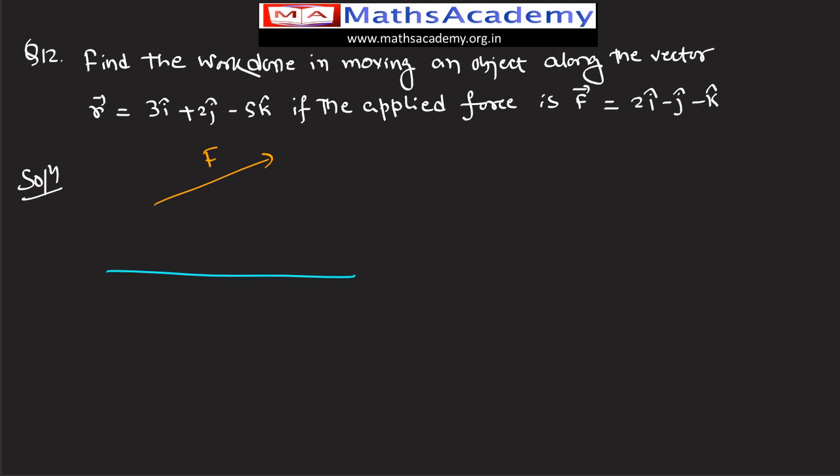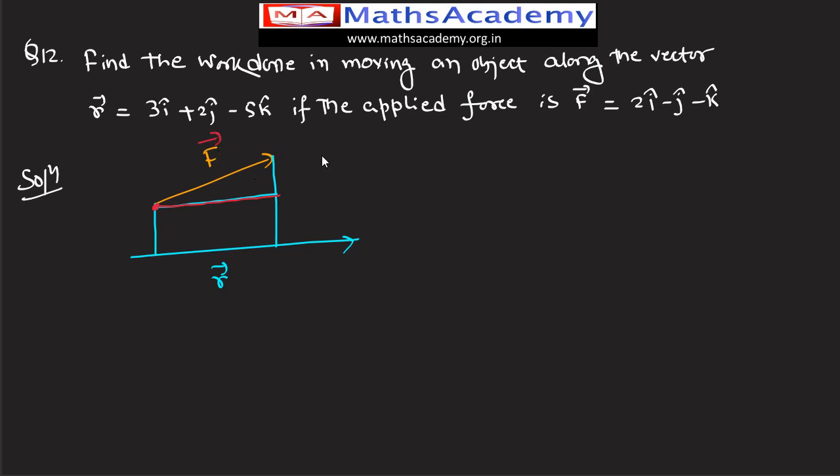Now if you are going to calculate the work done, you have to take the projection of this vector on the r vector. So I am going to take the projection of the vector F on the vector r.